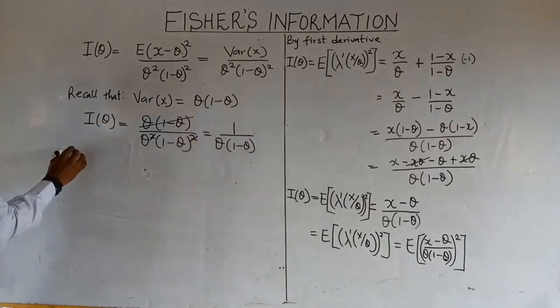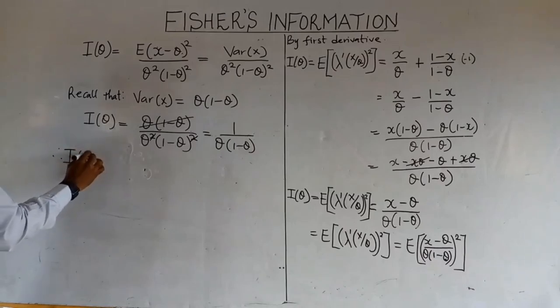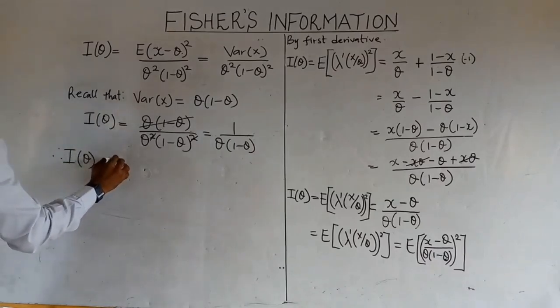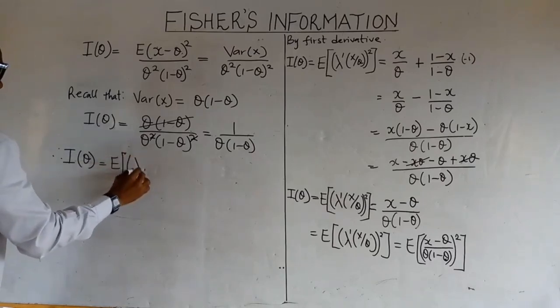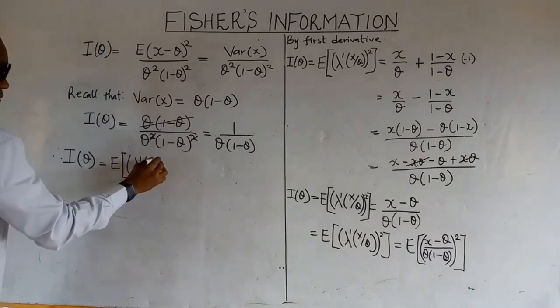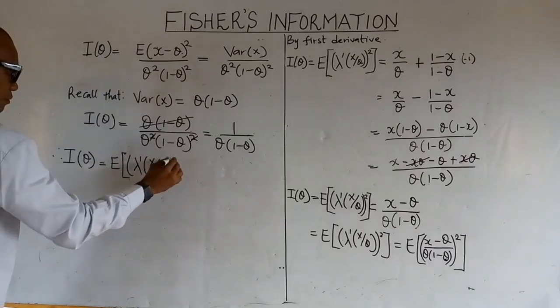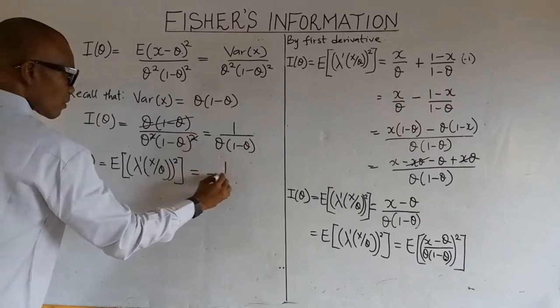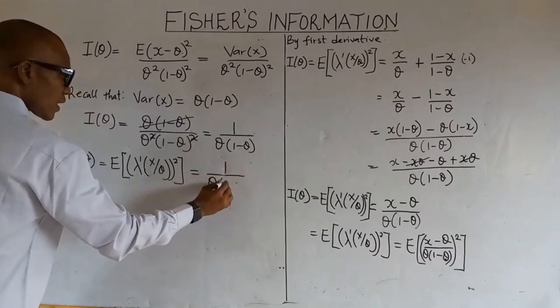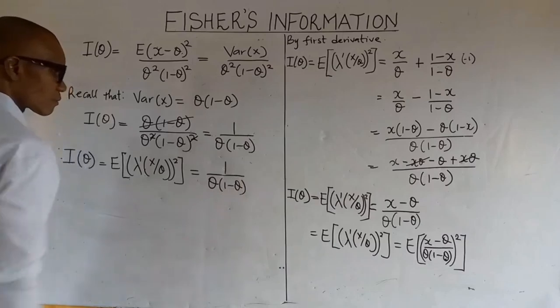So it means that the Fisher's information for the first derivative is equal to 1 all over theta times 1 minus theta.